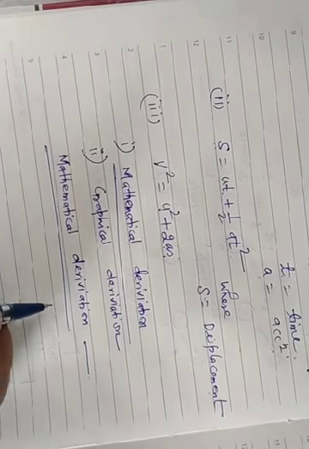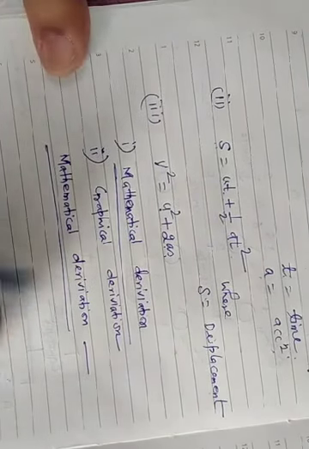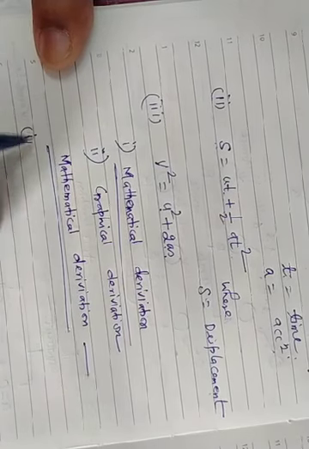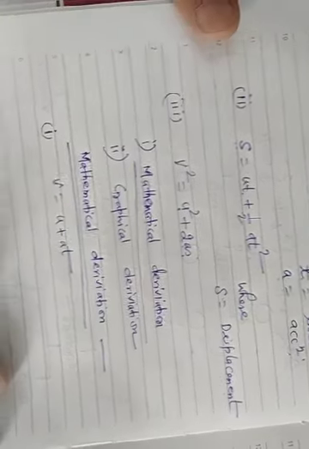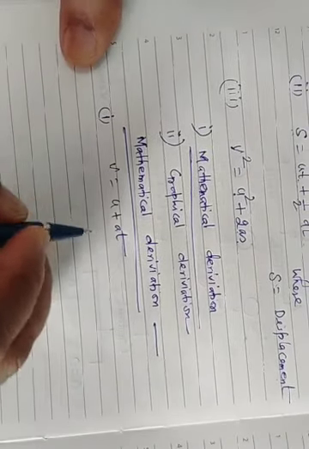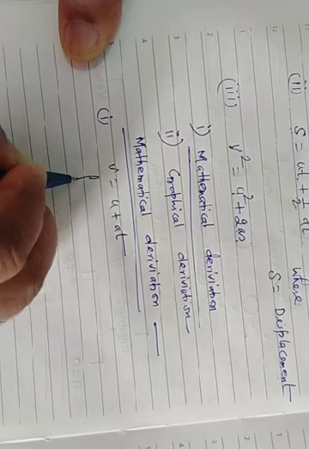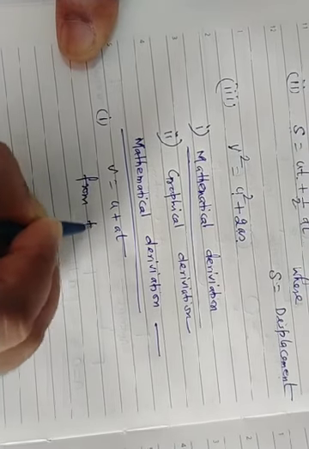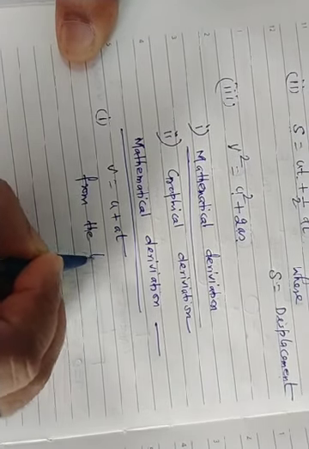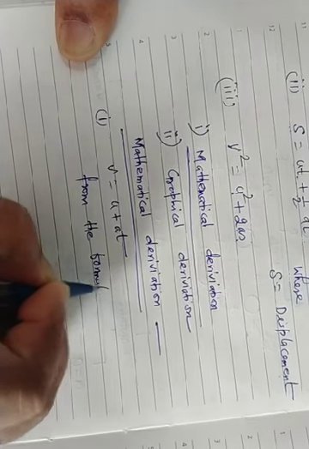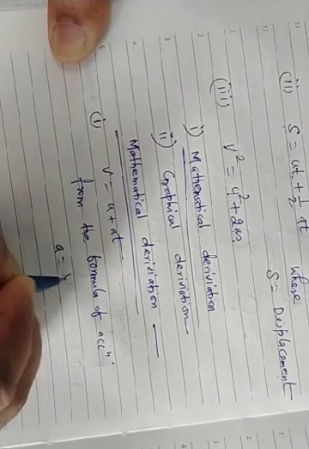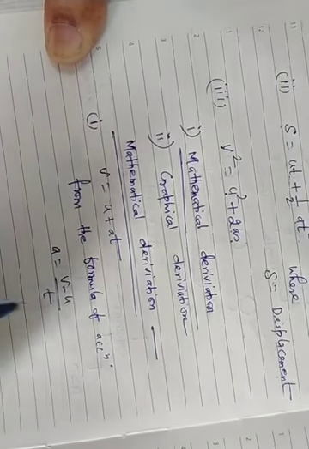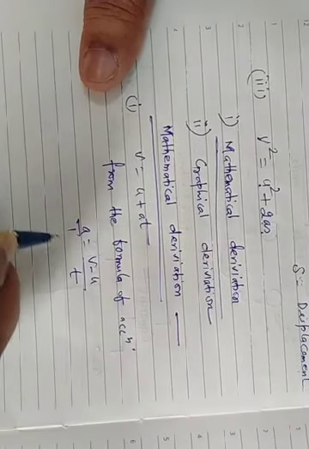Derivation means verification, proof. So first is v equal to u plus at. Alright students, so v equal to u plus at. So we can say here from the definition of acceleration, or from the formula of acceleration, a equal to v minus u by t. Correct students? Now a can be written as a by 1.